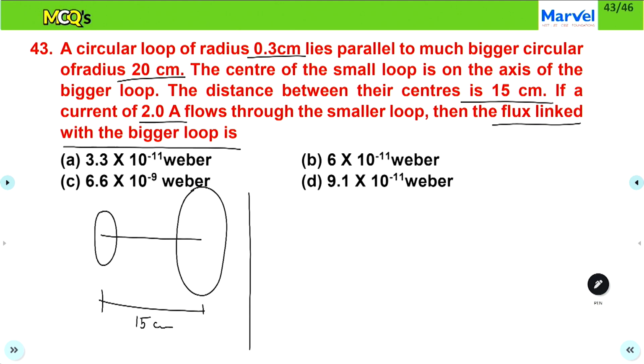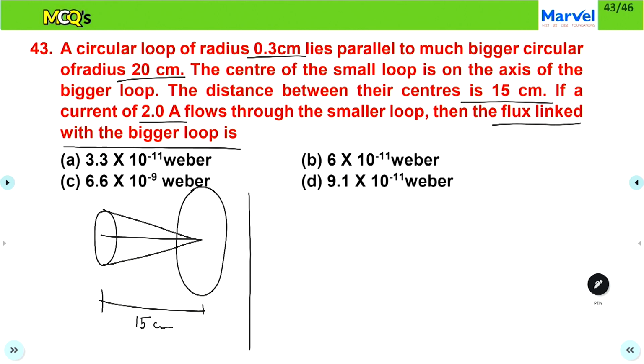And one more important thing, to calculate the mutual inductance, first we are required to find the flux. Flux is nothing but magnetic field times area. So first we have to find the magnetic field offered by this small loop at this point, not at the center, at this point.